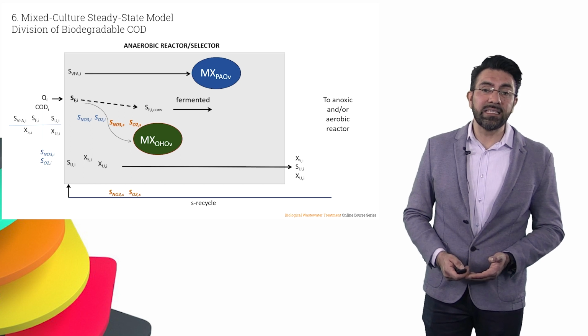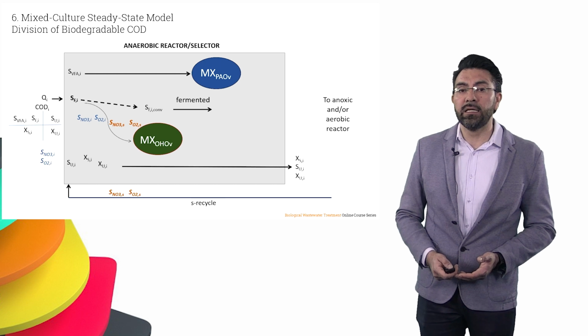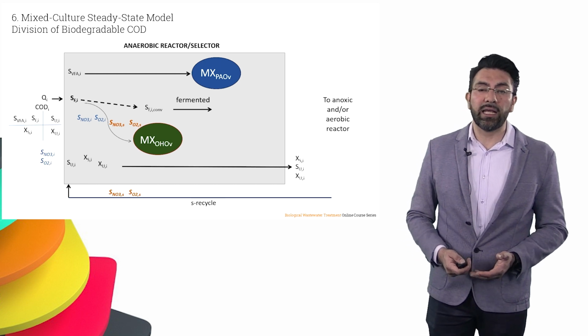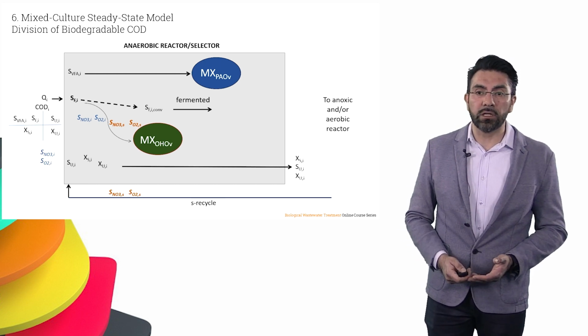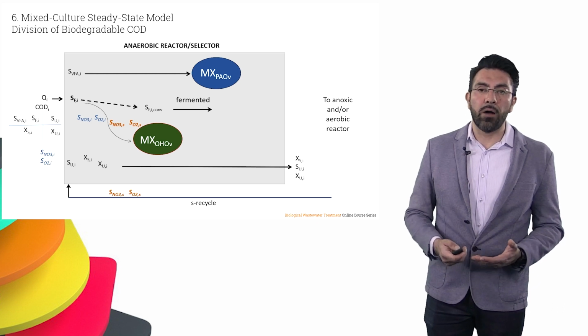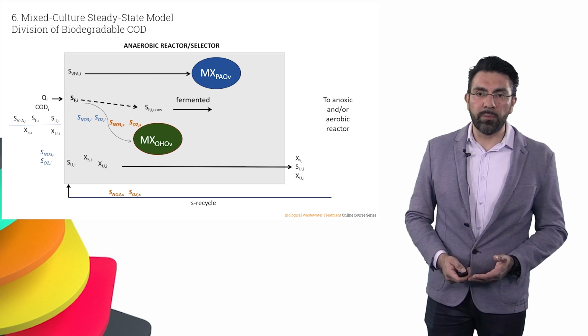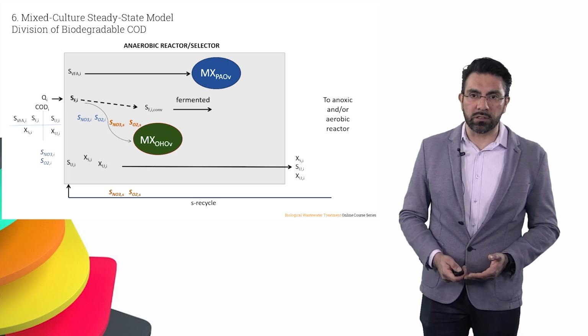limitation, and that is that this fermentable COD has to be actually fermented within the volume of the anaerobic reactor. These anaerobic reactors depend on how much biomass we have in the system that will promote the fermentation of these products.